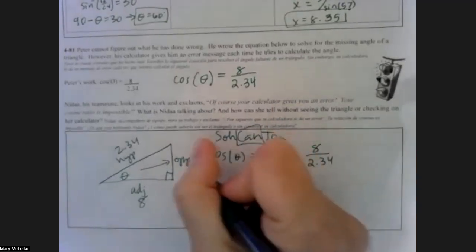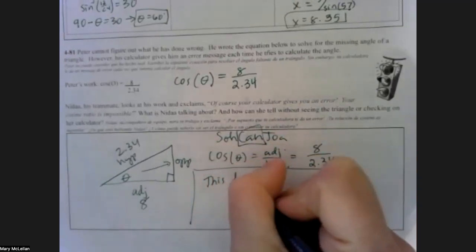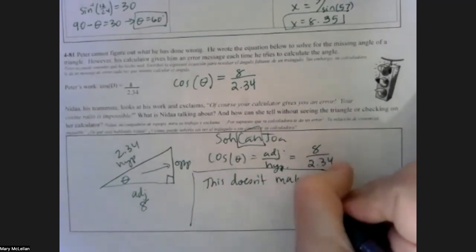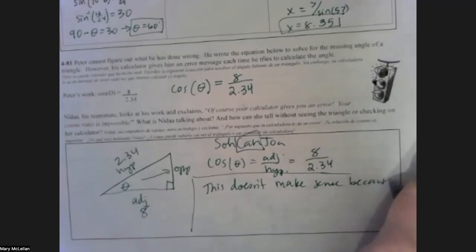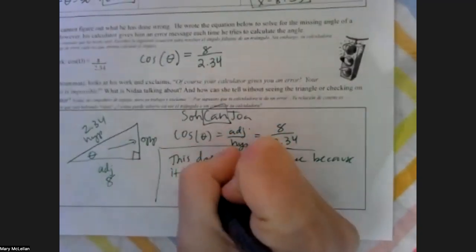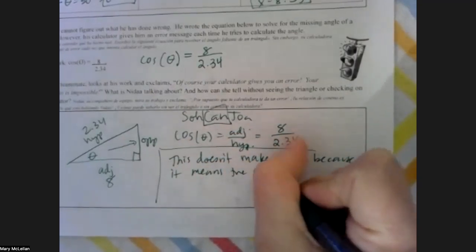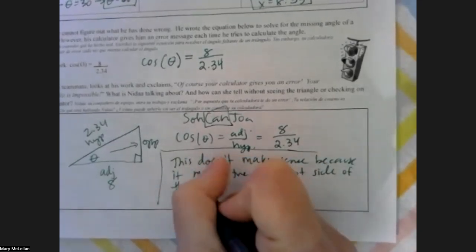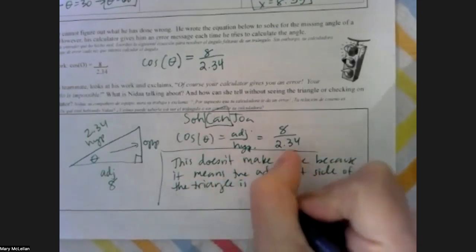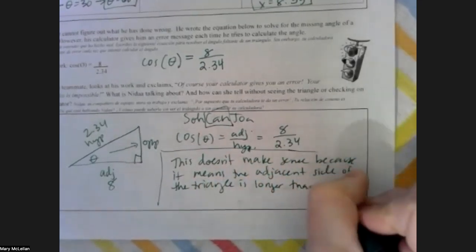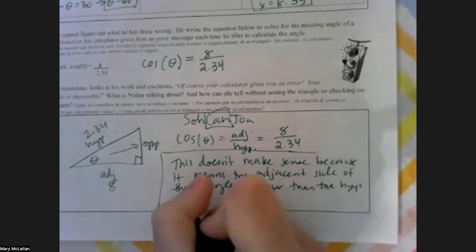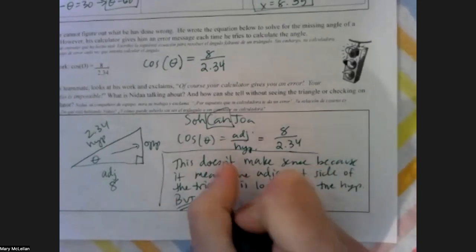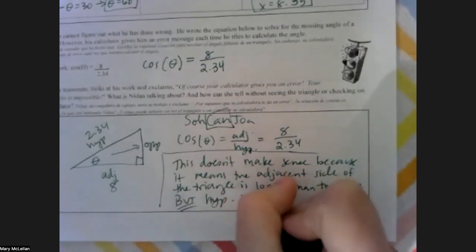This doesn't make sense because it means the adjacent side of the triangle is longer than the hypotenuse, but a hypotenuse is defined as the longest side of a triangle.